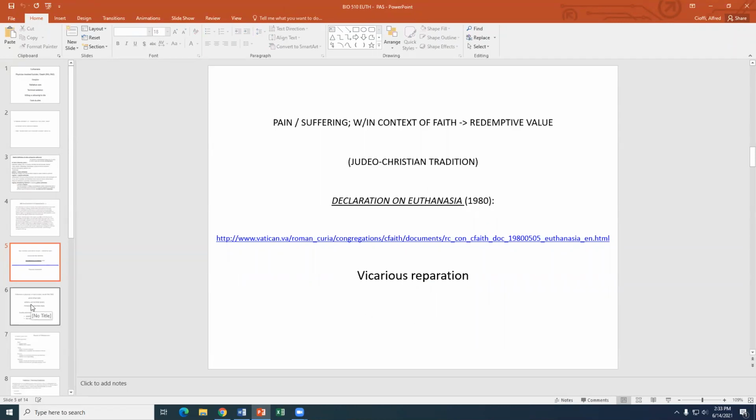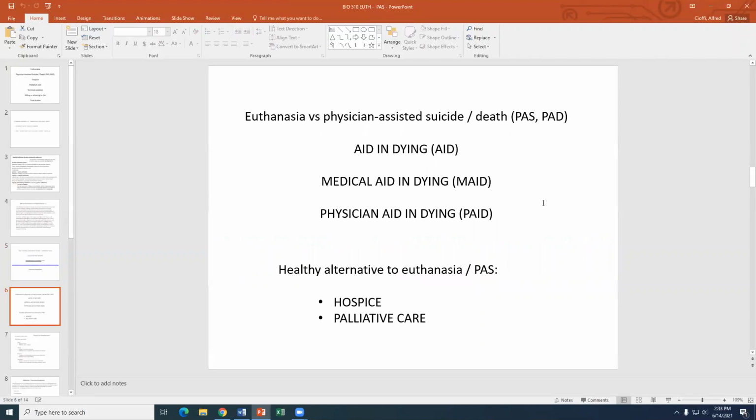Let me move forward here. Now I want to make the distinction between these two, because as I mentioned earlier, euthanasia straight up is still illegal in the United States. I've also mentioned a number of countries in Europe where euthanasia is already legal, but not here.